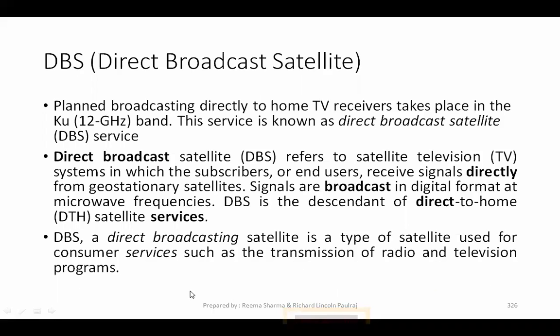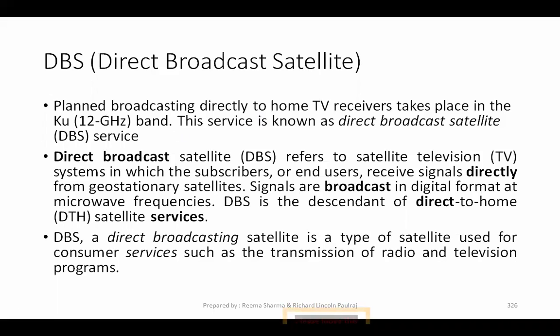So the next one that we'll be looking into is the DBS, okay, which is direct broadcast satellite. So this is a planned broadcasting which directly we get to the home TV receivers. Okay, so this is in place in the KU band, which is about 12 gigahertz band range, and this service is known as DBS.